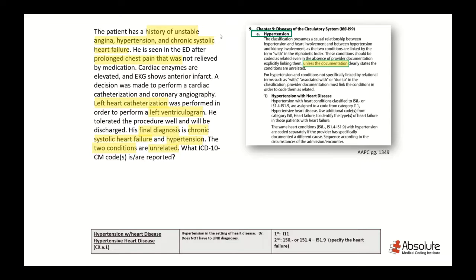So if you notice the "unrelated" there, that changes this guideline, because with that being emphasized, you cannot code them together now, because the doctor indicates that it's unrelated. When we go back to our guideline here, it's telling us that unless the documentation clearly states the conditions are unrelated, you are going to be coding them as separate.